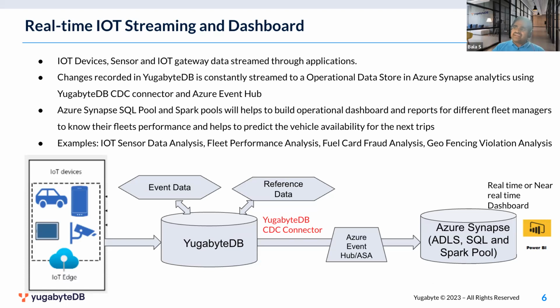All this data is continuously stored in YugabyteDB, where it can be reference data or metadata for those devices, or even continuous transactions coming from those devices, like events data. YugabyteDB has a connector that can push this real-time streaming data to Azure Synapse or any other system.